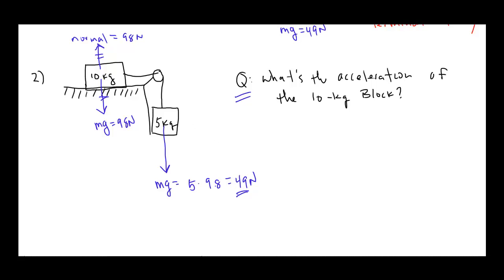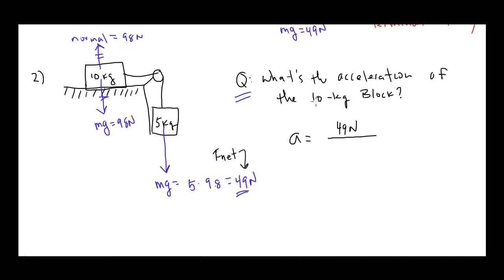So if I want to know the acceleration of this block, well, bear in mind that the entire system has to accelerate. So when I go to calculate the acceleration, I say the acceleration is the net force, 49 newtons, right? This is my net force. That is the net force, because there's no other force acting against it. Divided by the mass.